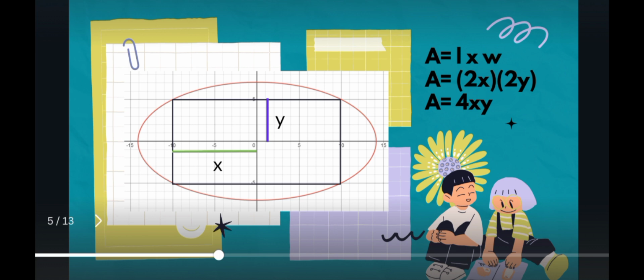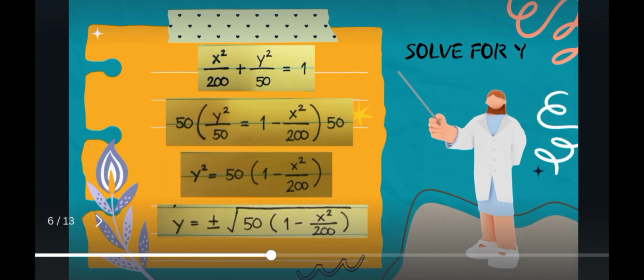As you can see, there are still two variables in our equation for the area of the rectangle. So we need to change the variable y in terms of x. We need to go back to the given equation of the ellipse in order to get the value of y, so that our equation will have one variable only.